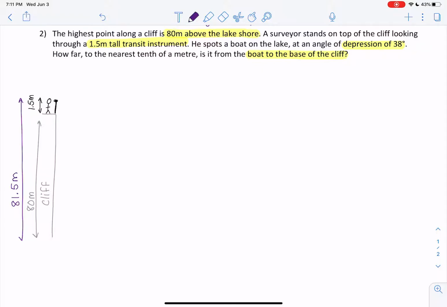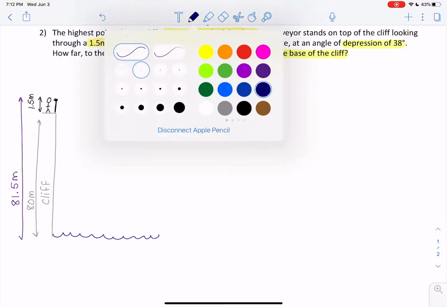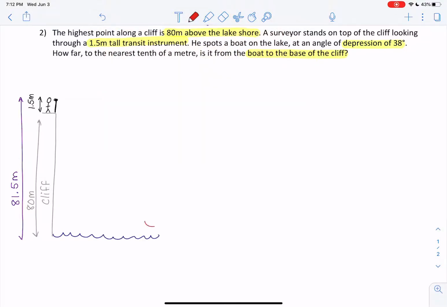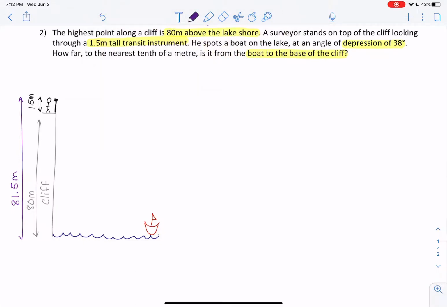Now our cliff is on a lake shore, so we have some water down here. And our cliff is looking at a boat. So our little guy up there is looking at this boat, and we know that he's looking at an angle of depression of 38 degrees. So remember that our angles of depression and our angles of elevation are measured from the horizontal.